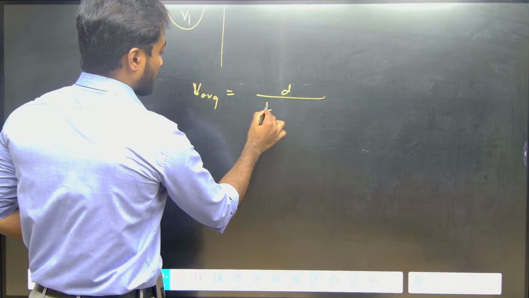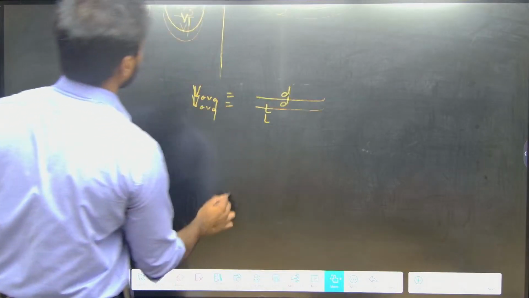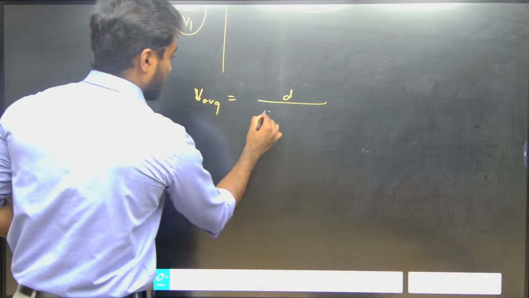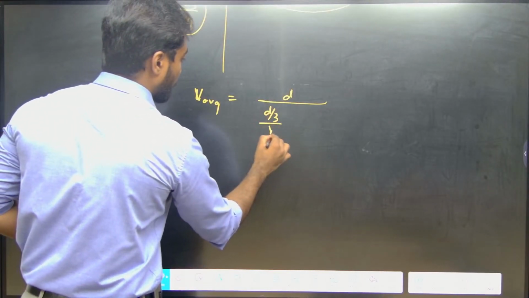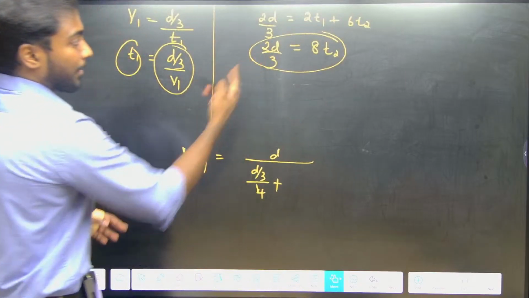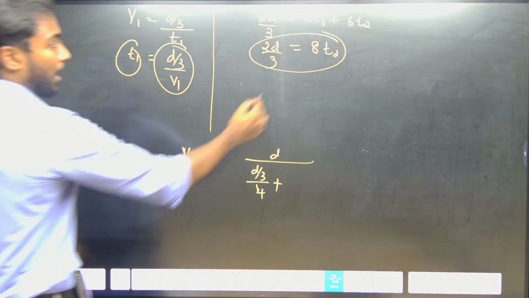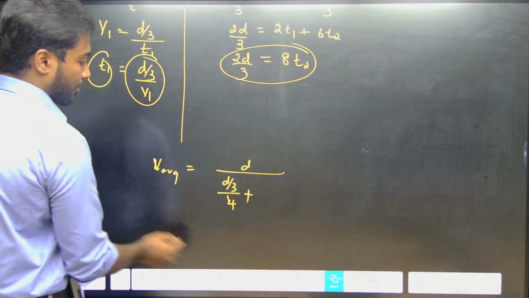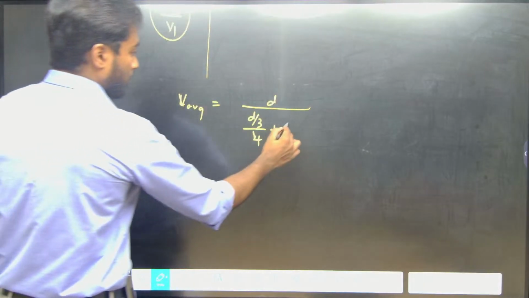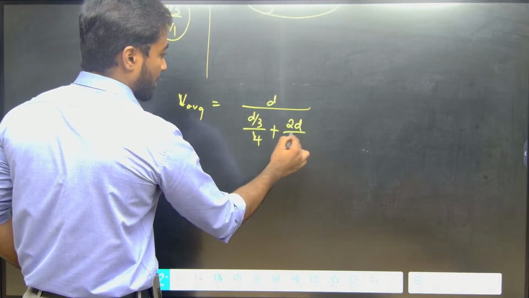So it is d by 3 by 4 plus 8 t2. I take this to the other side, which is nothing but 2d by 3 into 8 is 24.